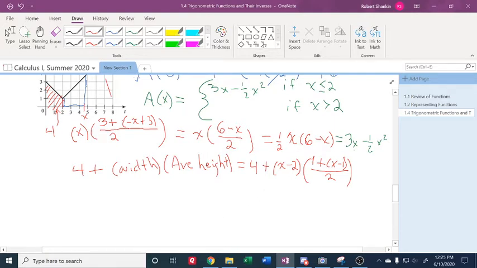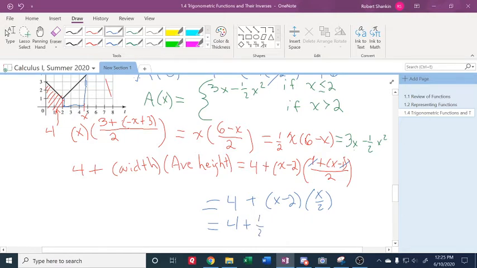So now, this one and this one will cancel each other out. So I'm going to get equal to 4 plus x minus 2 times x divided by 2. And then this will equal 4 plus, now let's distribute the 1/2 x to both parts.